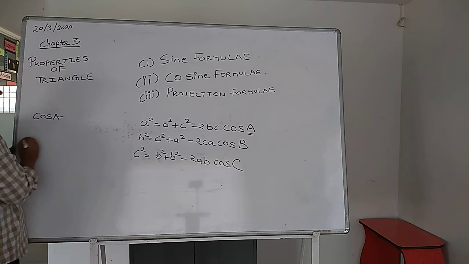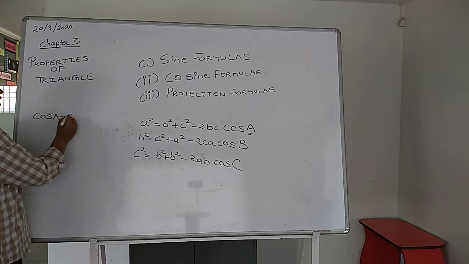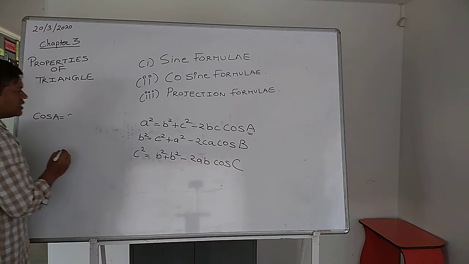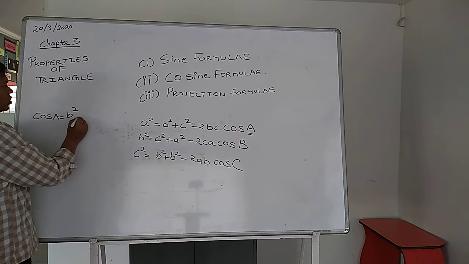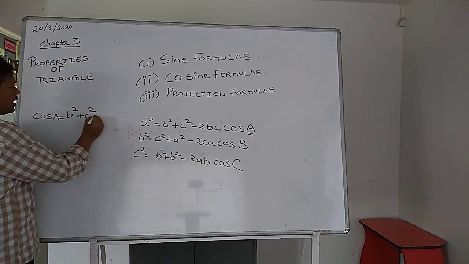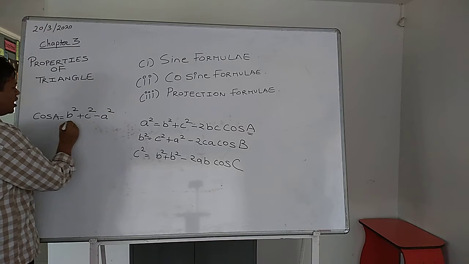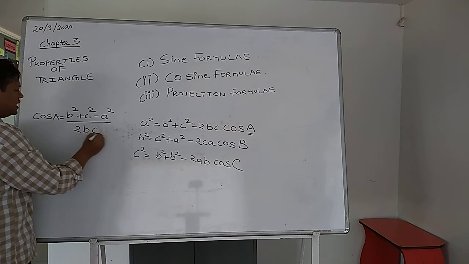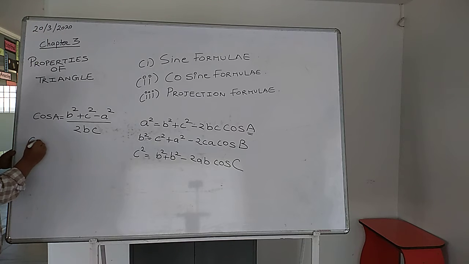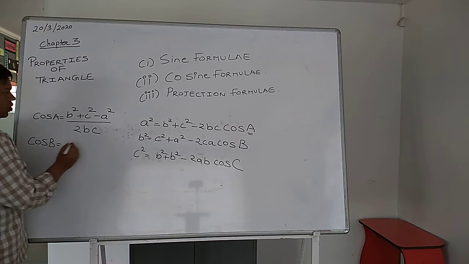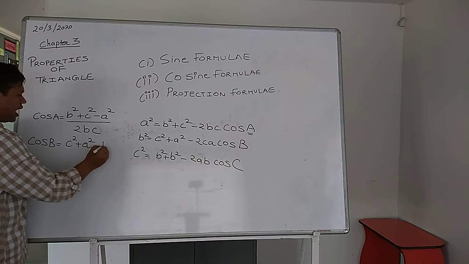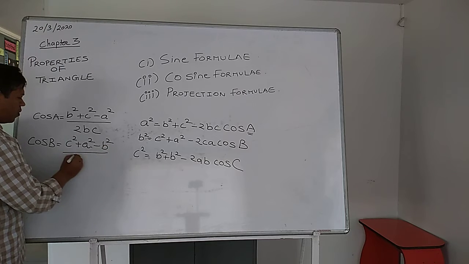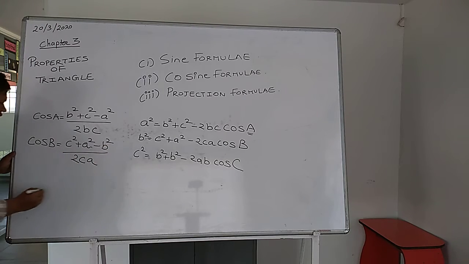cos A is equal to b square plus c square minus a square upon 2bc. cos B is equal to c square plus a square minus b square upon 2ca.